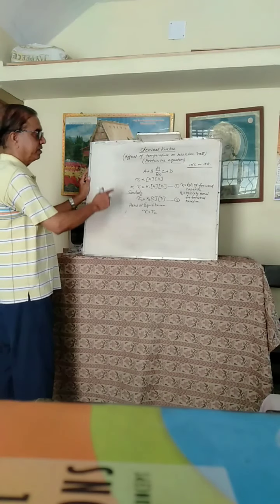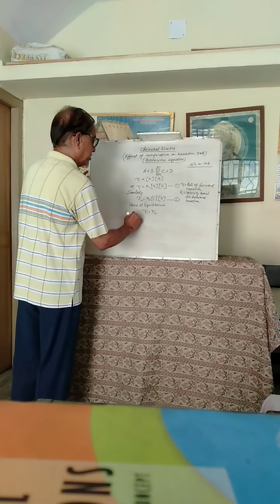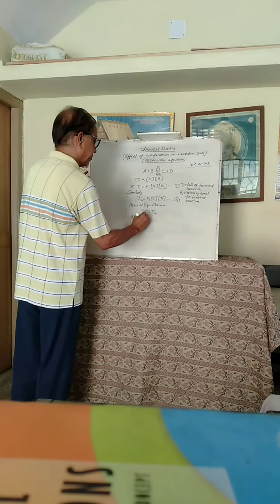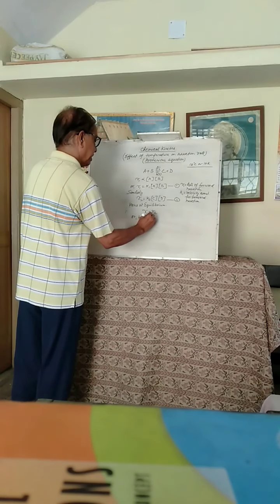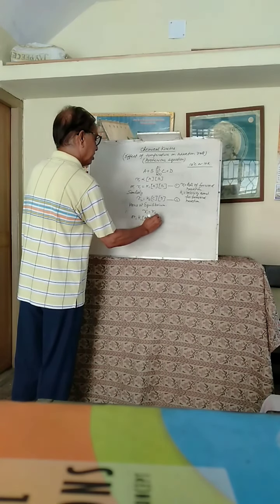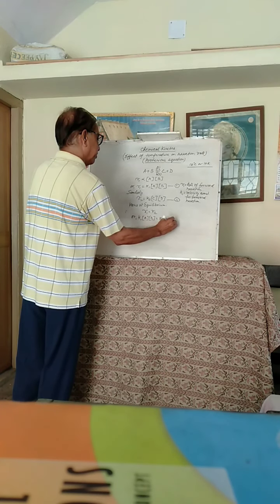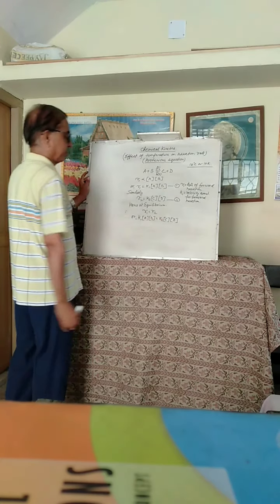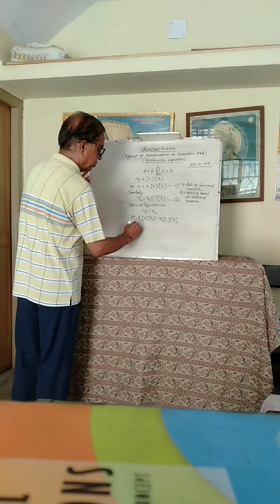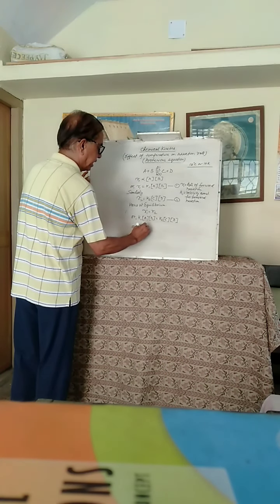Put the value of R1, that is, K1 into A into B is equal to K2 into C into D, or K1 upon K2.